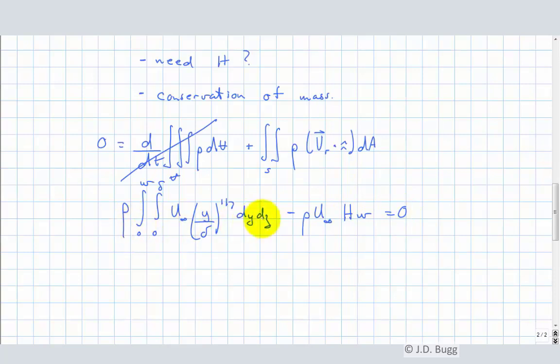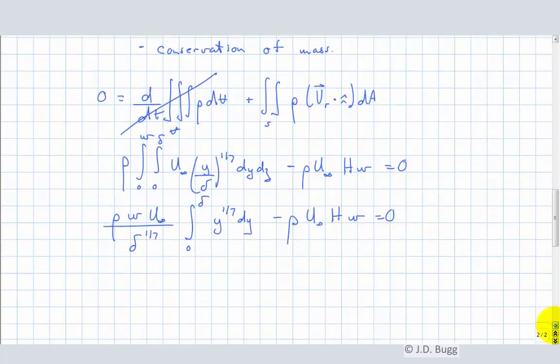Again, we can pull out everything that's constant here, and we can do the z integration right away because nothing in there depends on z. So that's rho w, u infinity is constant, and in the denominator, delta to the 1/7 is also a constant. We still need to integrate from 0 to delta, y to the 1/7 dy, and that's minus rho u infinity hw.